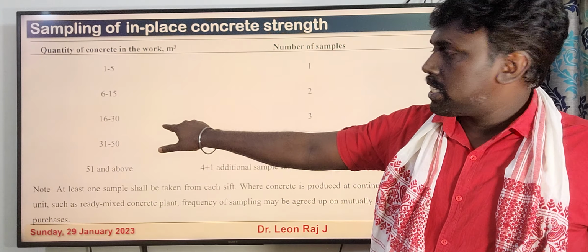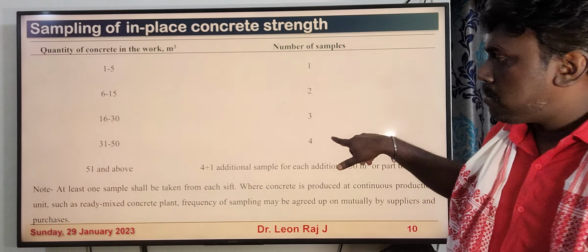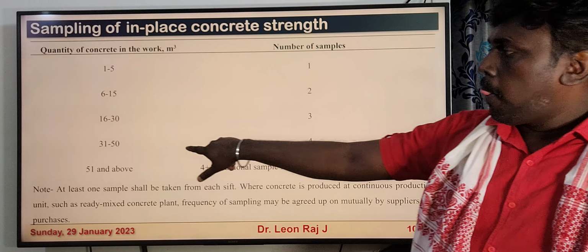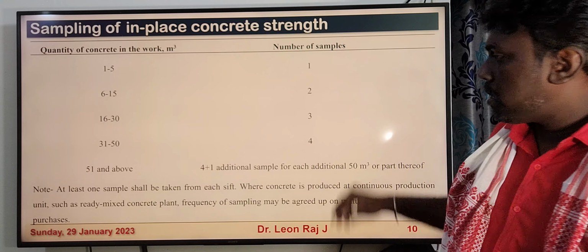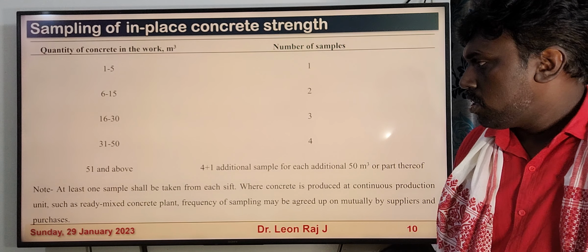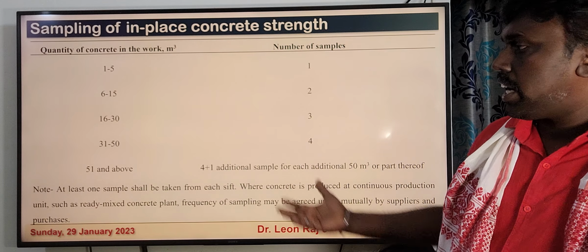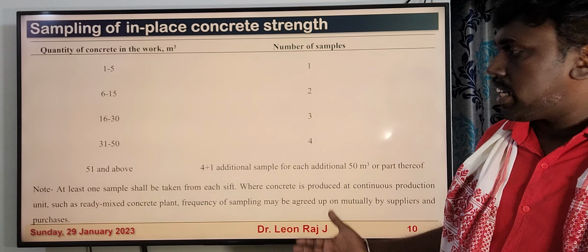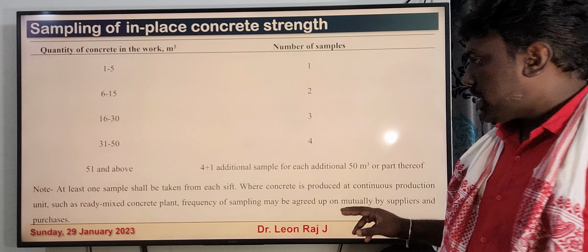For 16 to 30, minimum number of samples shall be 3. For 31 to 50, minimum number of samples shall be 4. From 51 and above, you need 4 plus 1 additional sample for each additional 50 meter cube of concrete.